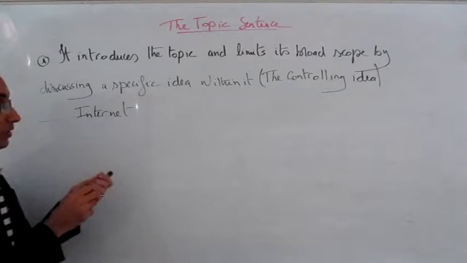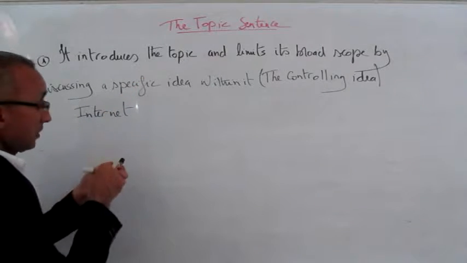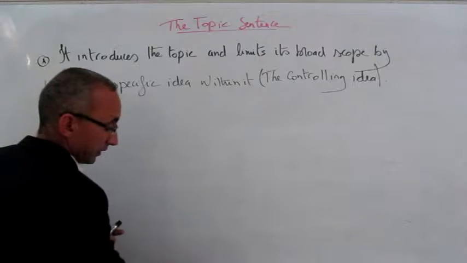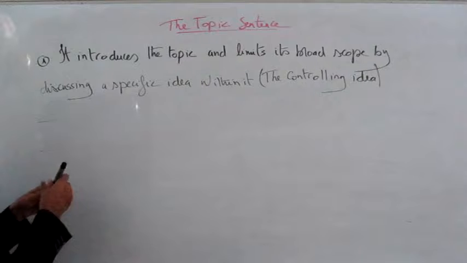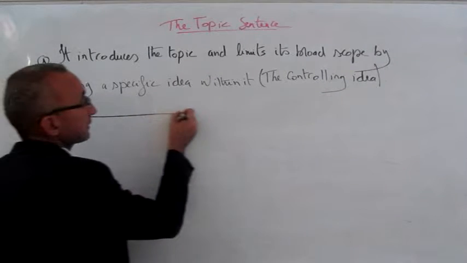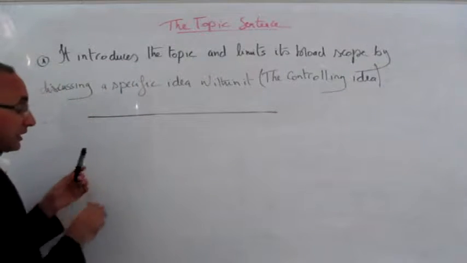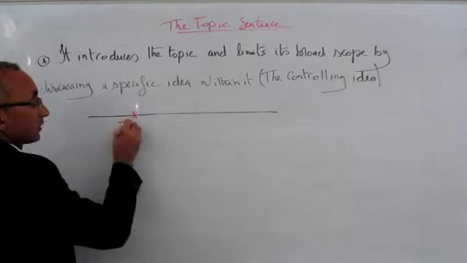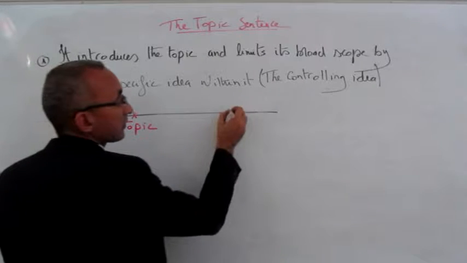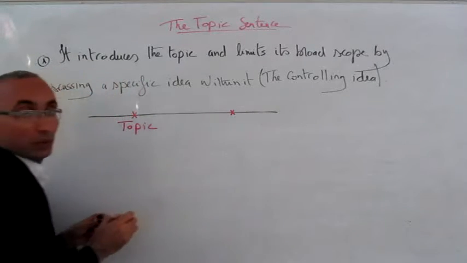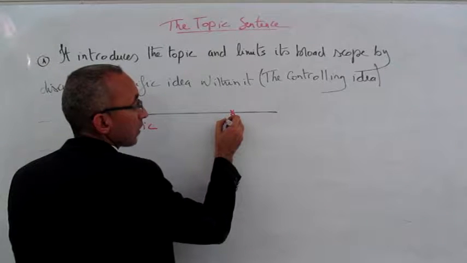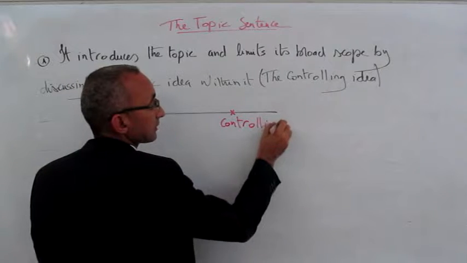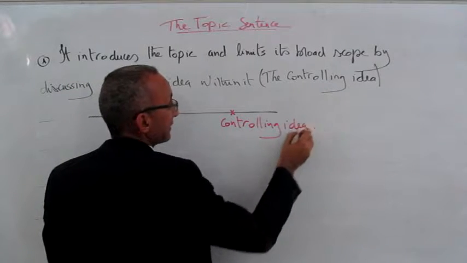So here, normally, our first sentence, the topic sentence, should have this structure. It must contain the keyword or keywords of the topic and also the keyword or keywords of the specific or main idea, what we call the controlling idea.